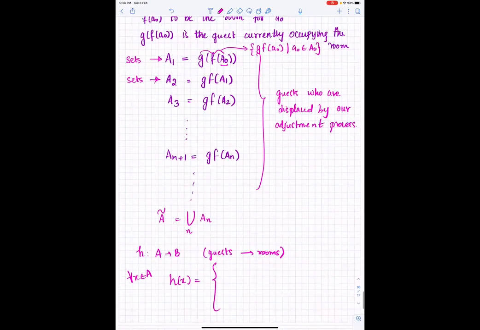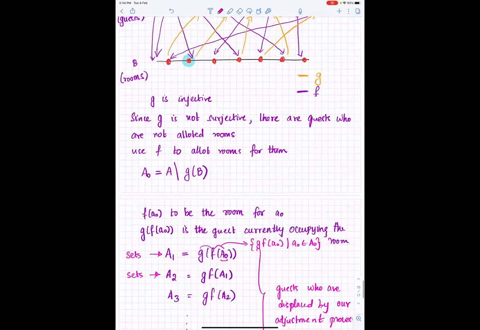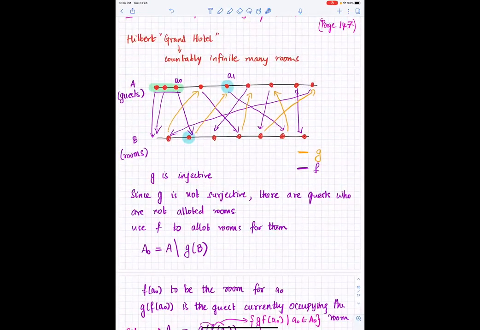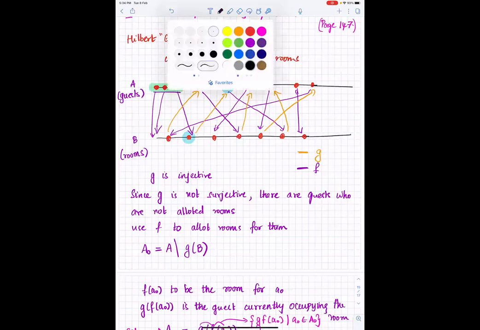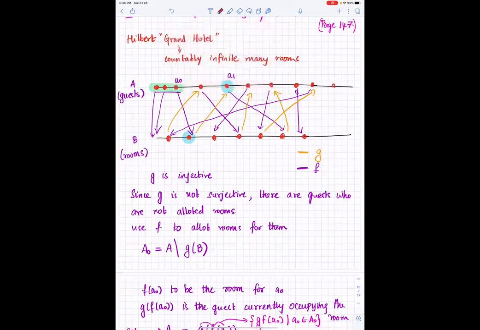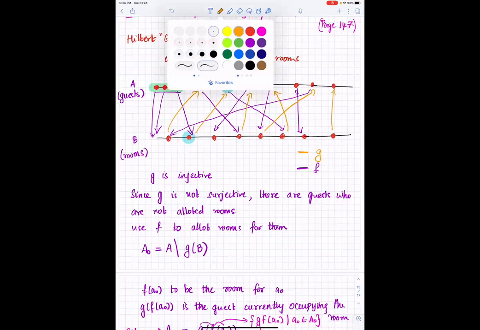If you look at this process, some of them may not be displaced at all. Let me draw one more guest room here. This is one way this could possibly happen. There could be other ways.